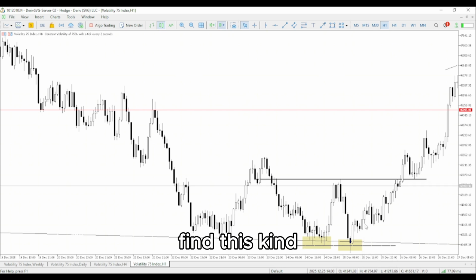But if you can find this kind of pattern on any of your markets, like if the market is trending bullish and you can see a double bottom in an uptrend market, it's a very good one for you. You can take that trade because, since it's found in an uptrend, it's definitely going to respect it because it aligns with the trend.